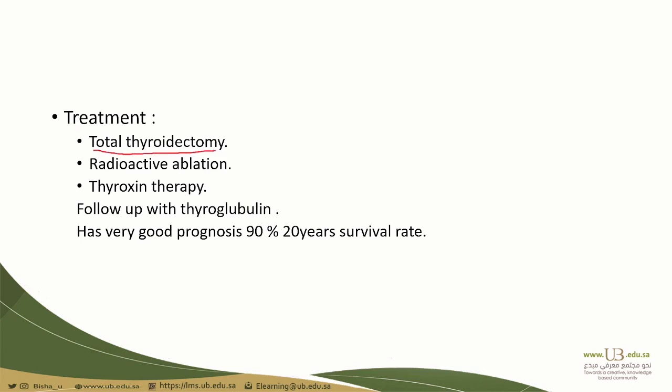Treatment is usually total thyroidectomy and radioactive iodine ablation if indicated post thyroidectomy, and then you can give the patient thyroxine therapy as a replacement for the thyroid function, and at the same time it will decrease the TSH, because if I have higher TSH I will have a risk of recurrence, specifically in well differentiated thyroid CA.